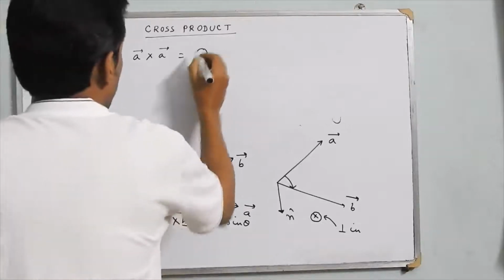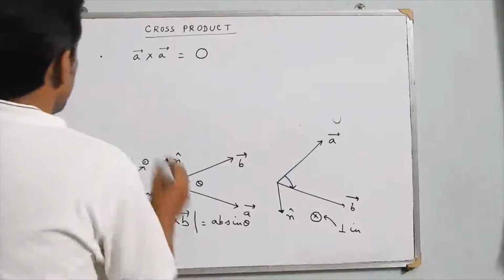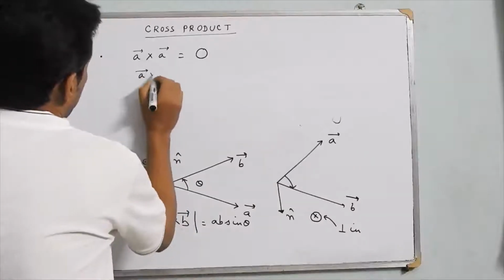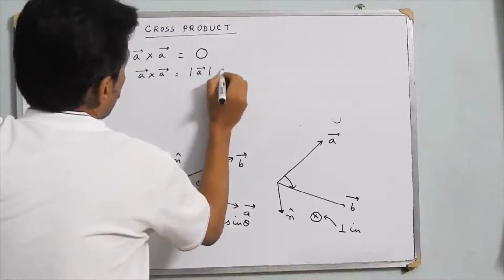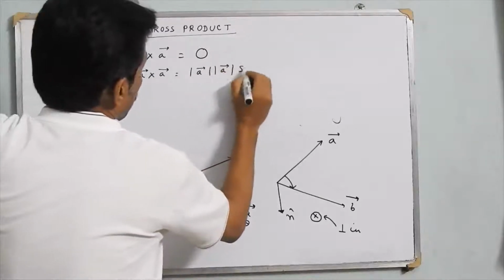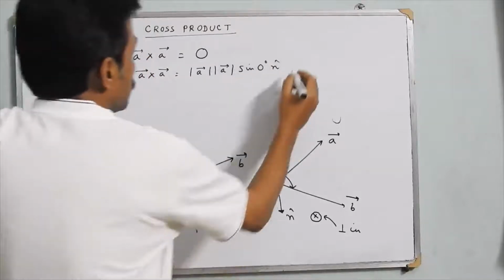Why? Because a vector is inclined with itself at an angle 0. The angle between the same vector taken twice is obviously 0. So you can say that precisely A vector cross A vector is modulus of A sine 0 degree n hat. So obviously that is 0.